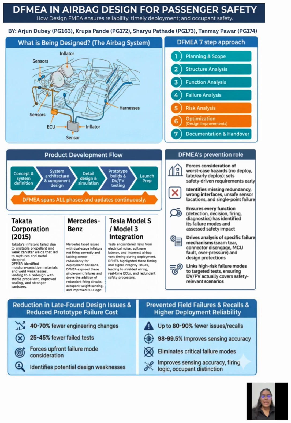So step 1 is planning and scope. In this step, we define the objectives, set the boundaries, set the goals, decide who the team members that will be involved are, and gather all the data that is required for analyzing the airbag design. The second one is the structure analysis.